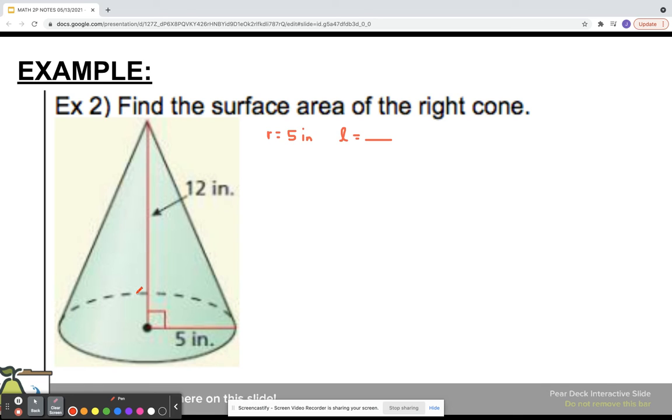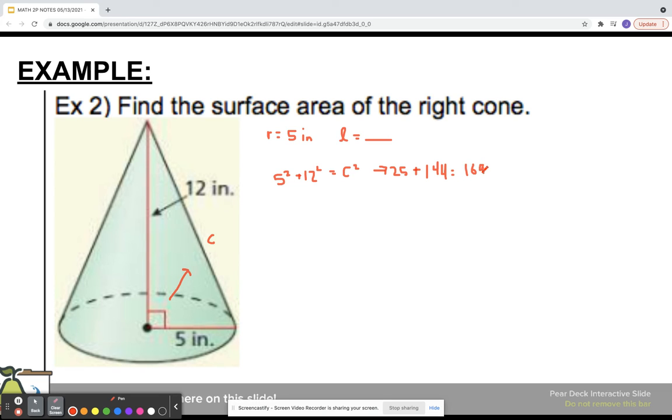So we can solve for our slant length by applying the Pythagorean theorem, where the right angle points to C. So we are solving for our C. So we have 5 squared plus 12 squared is equal to C squared. And then that's going to give us 25 plus 144, which is 169.